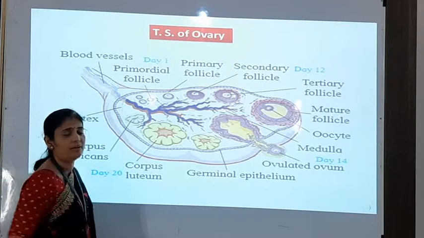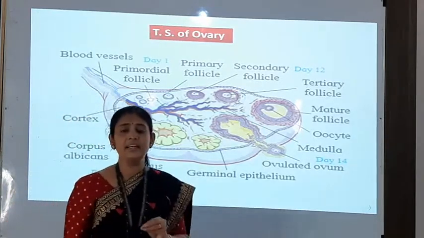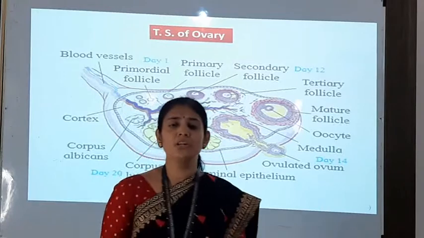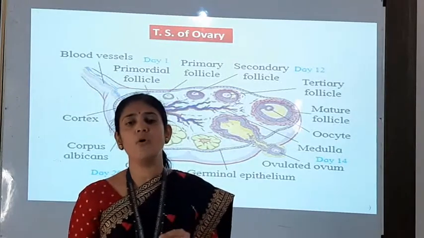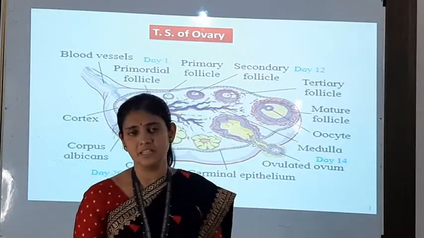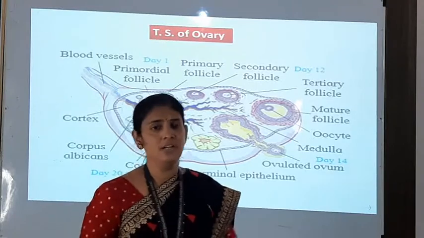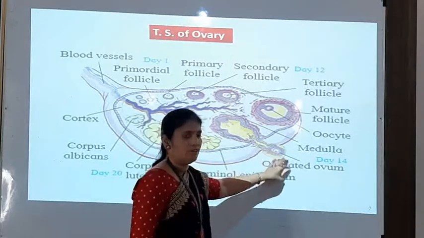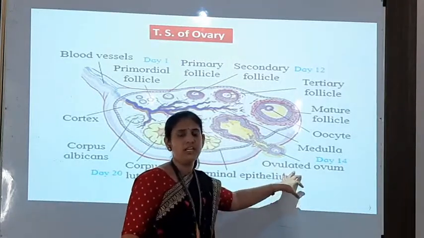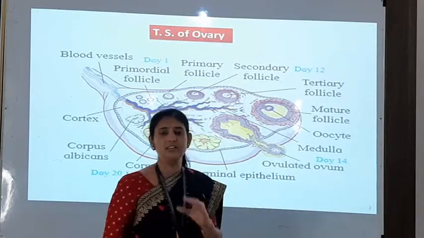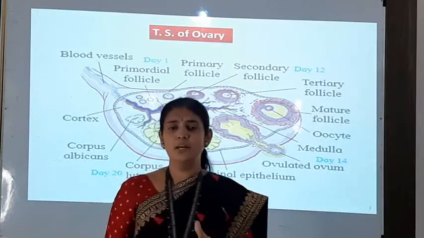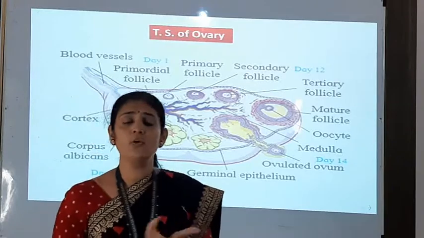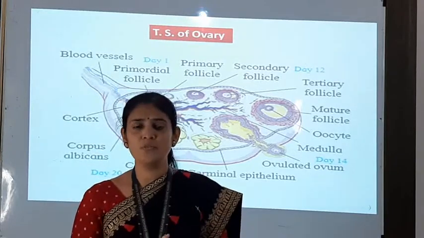This corpus luteum secretes progesterone hormone, which is responsible for maintenance of pregnancy. When the ovum is fertilized by the sperm, the zygote and then the embryo are formed.